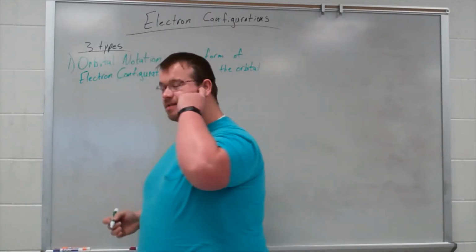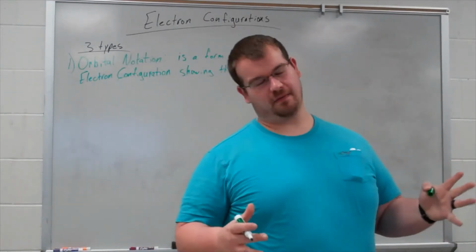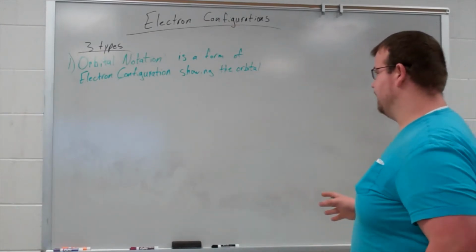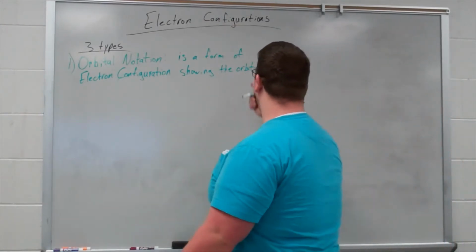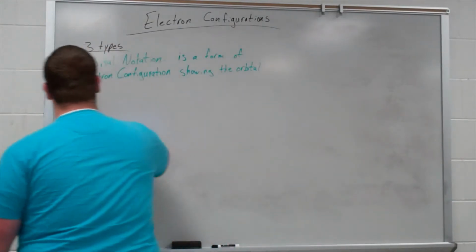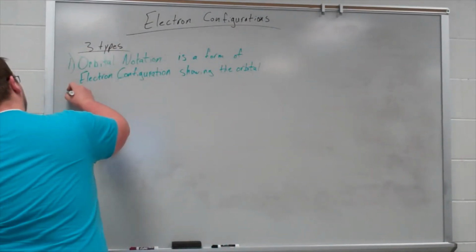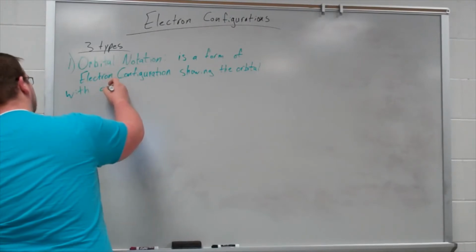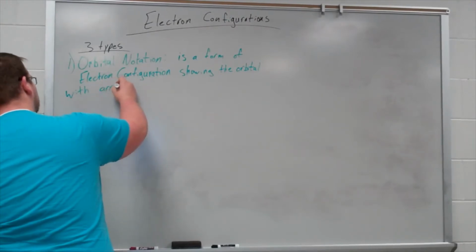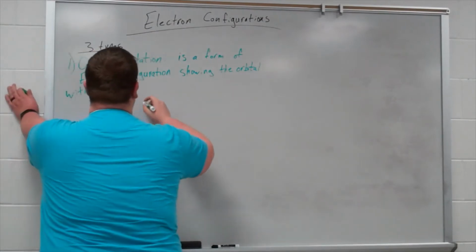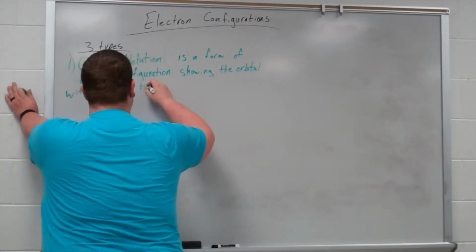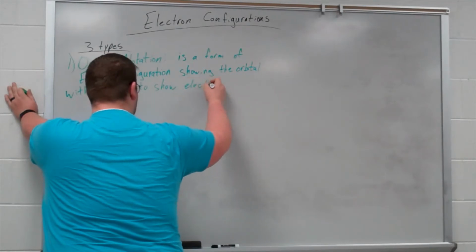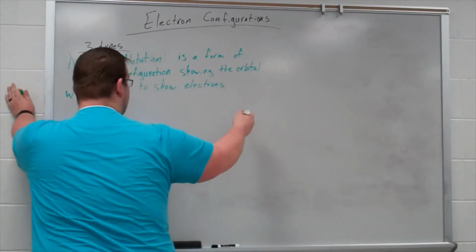For anybody who has a heart attack, I know you don't know what an orbital is right now. That's one of those things I'm saying, just accept it, okay? So showing the orbital with arrows to show electrons within them.